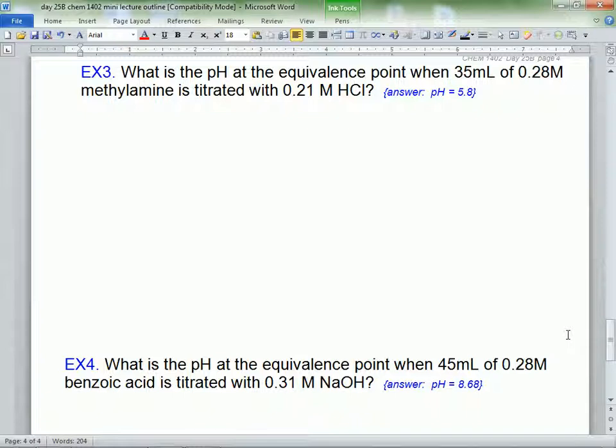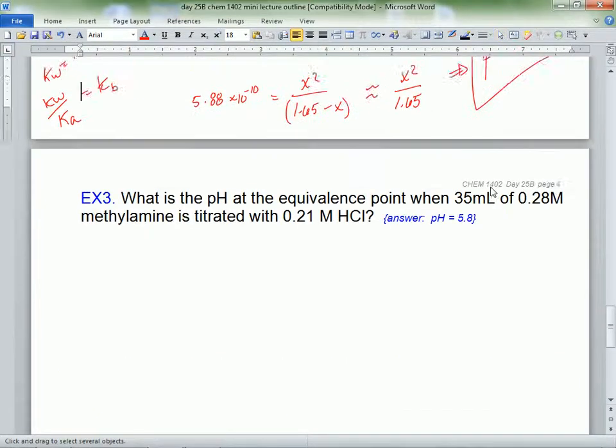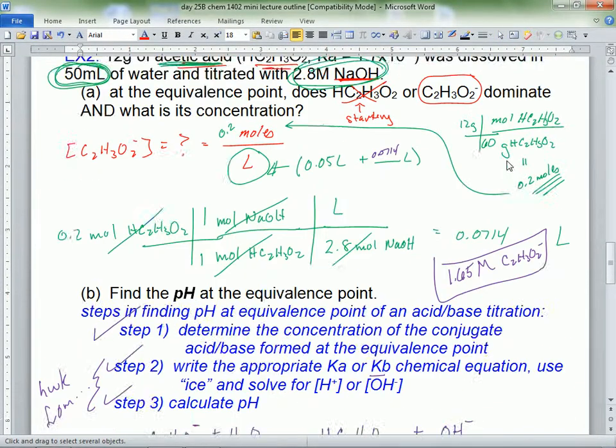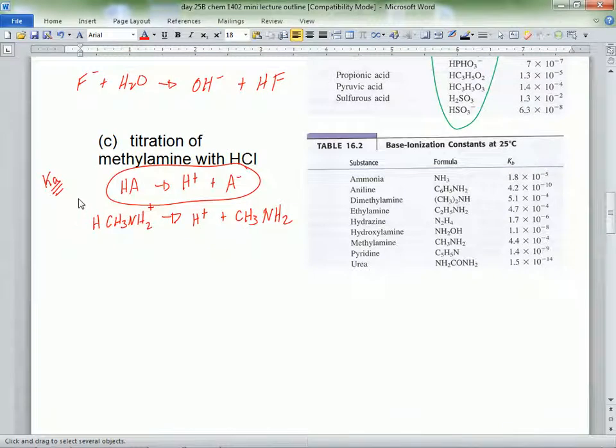So in this titration in EX3, realize we already wrote down the reaction. So you could pretty much just copy it over.